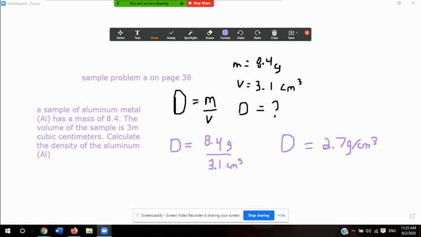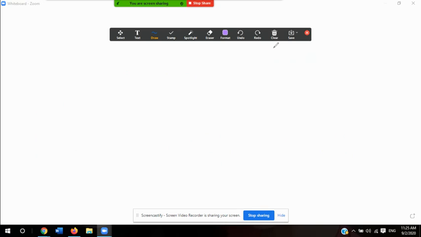So let me give you an example of how you would work with a problem like that. Obviously, I'm not going to do that one, but I'm going to use a similar one. Let's say that the density of an object equals 5.4 grams over centimeters cubed.